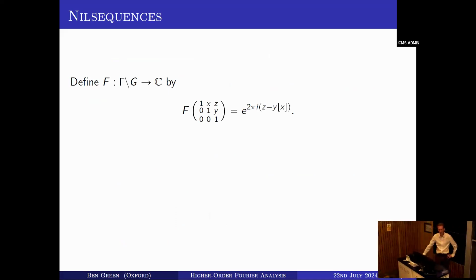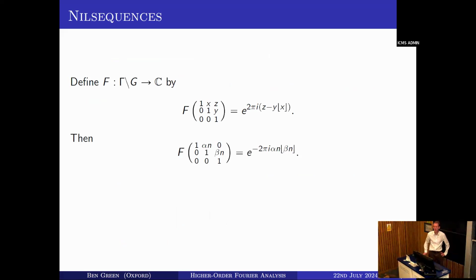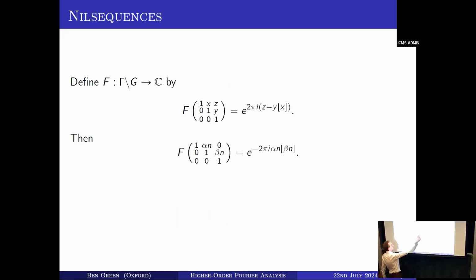So we call that an automorphic function, F. It's a function on G which is invariant under gamma, or equivalently a function on G mod gamma. By evaluating that function at a particularly nice sequence of 3 by 3 matrices, you get a bracket polynomial phase.